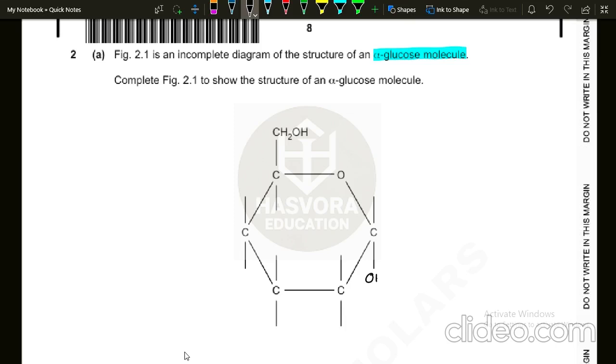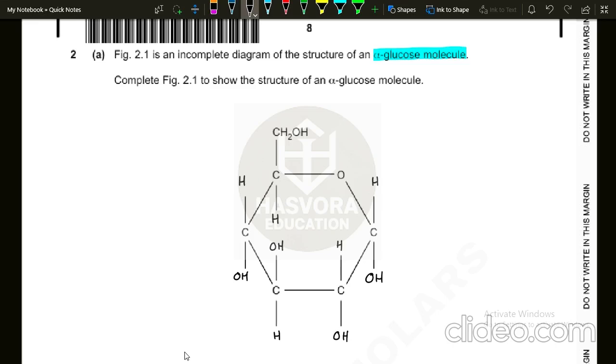So OH here and one OH here. We will have an H here and H here and H here. Then you can just simply alternate this OH group. So this will become OH here and H here, and then we will have an H here and OH here.